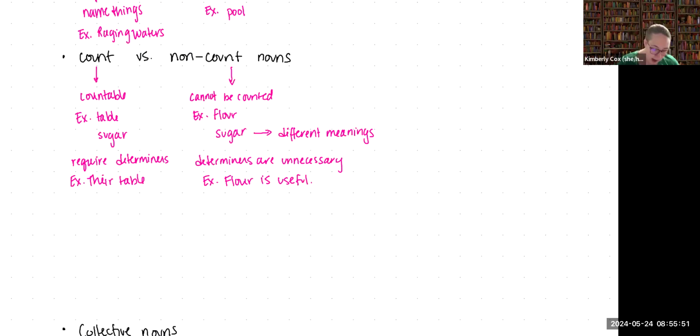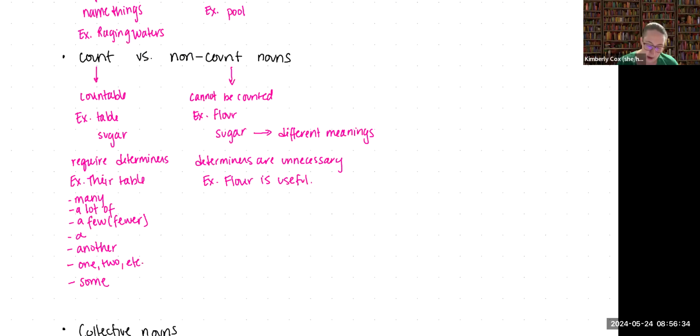So for countable nouns, we might use determiners like many, okay, a lot of, a few, or fewer, okay, a, another, one, two, three, etc., or some.